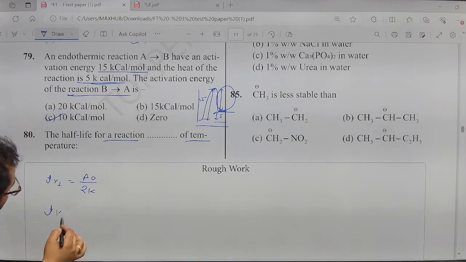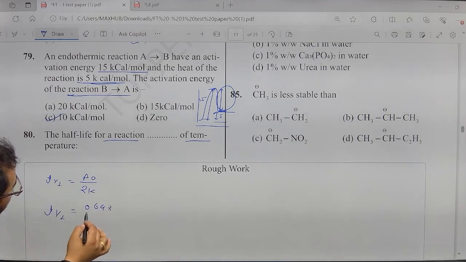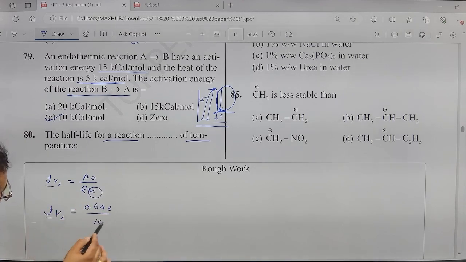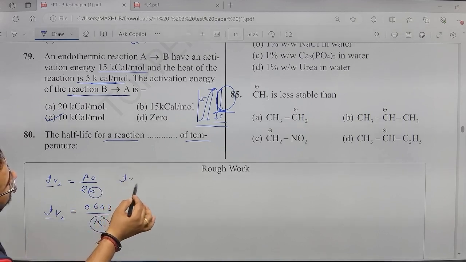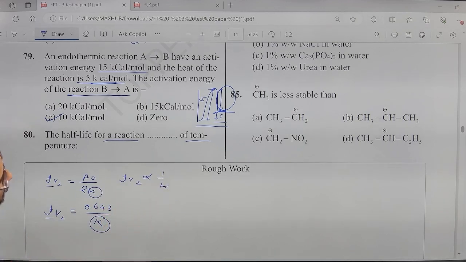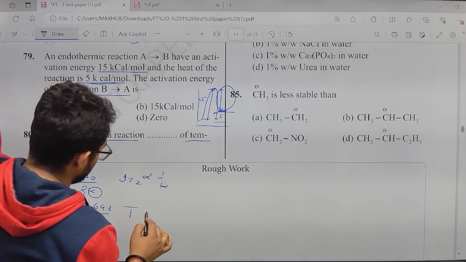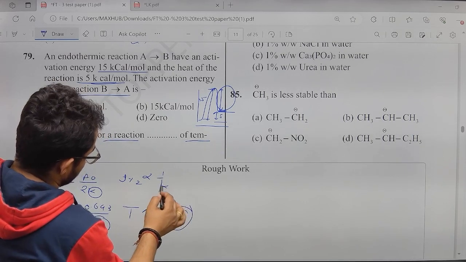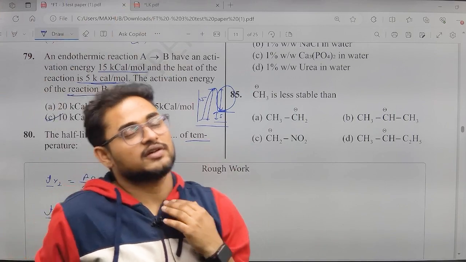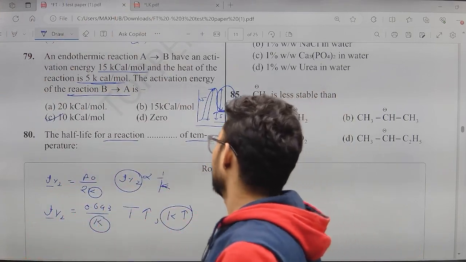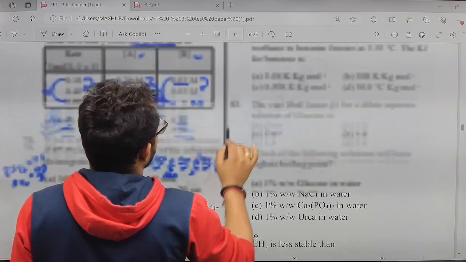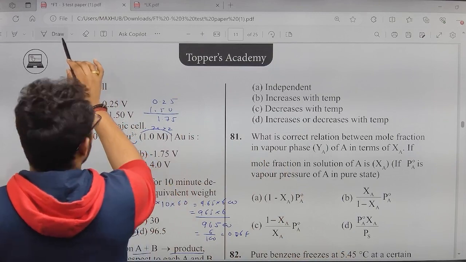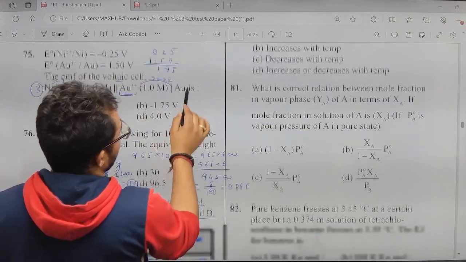The half-life of a first order reaction is 0.693 upon K. You can see that T half is inversely proportional to K. I know that on increasing temperature, K will increase, and if K increases, T half will decrease. So on increasing temperature, T half will decrease. You can choose the option according to the condition.